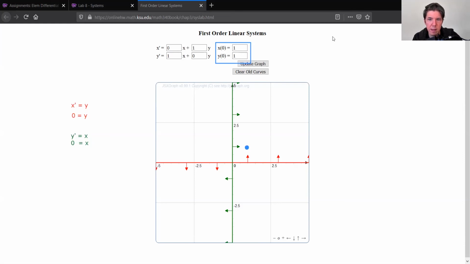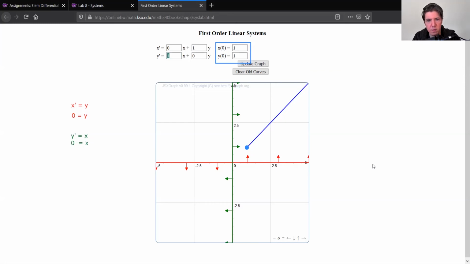And then we can update this graph. And what it will do is, oh, that worked nicely. It will plot the solution curve that starts at that point 1, 1. And this makes sense because of the way these nullclines are. It looks like it's pushing us both to the right and up. And it looks like they're weighted roughly the same so that they will go up at the same rate.